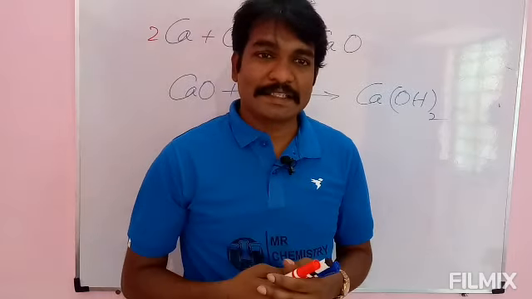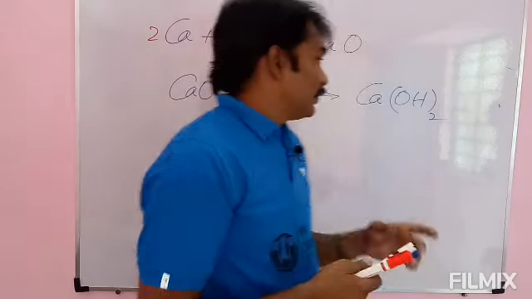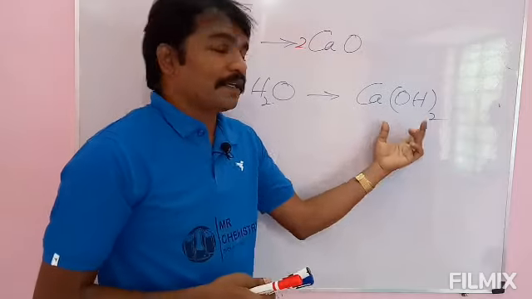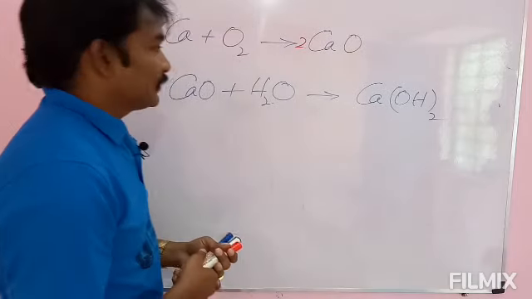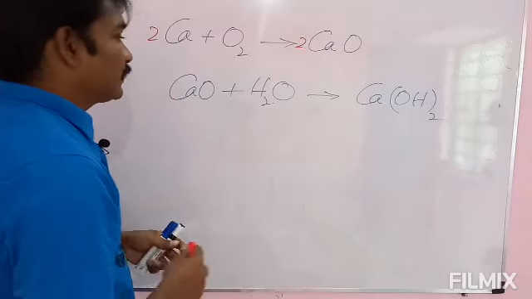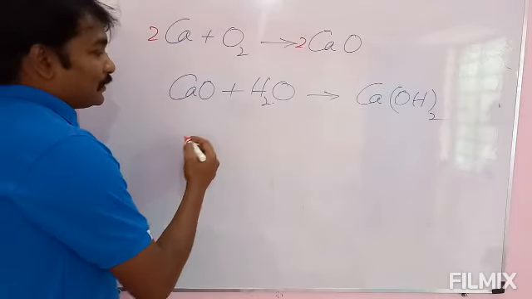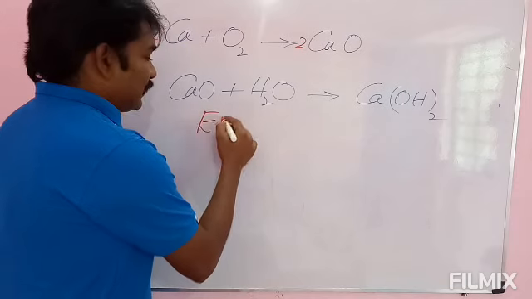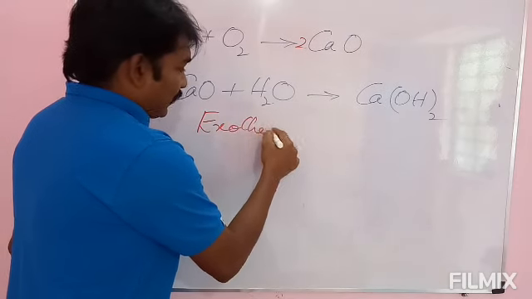Reason: heat is released in that reaction. During the formation of calcium hydroxide, you will get some warmness because of the release of heat. The reactions in which heat is released are called exothermic reactions.